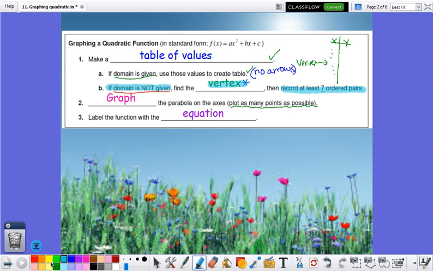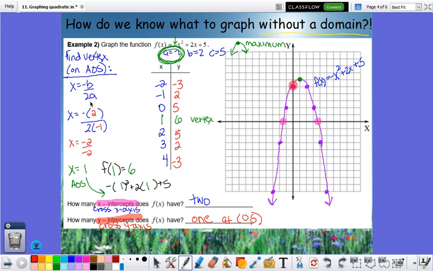Well, finding the vertex will require us to use our axis of symmetry formula to get there. So that is how, for problem 2, I began. I had to find the vertex using the axis of symmetry formula. I found the output value and placed it in the center of my table and then moved on. My calculator found the rest of the output values and I was able to carry on and graph.